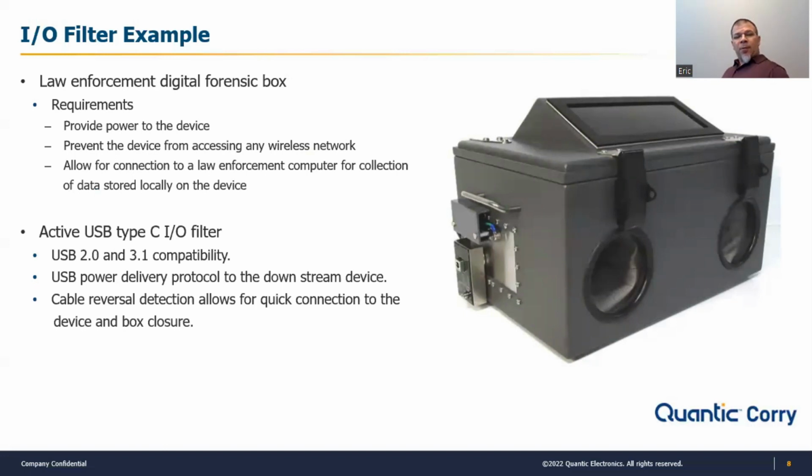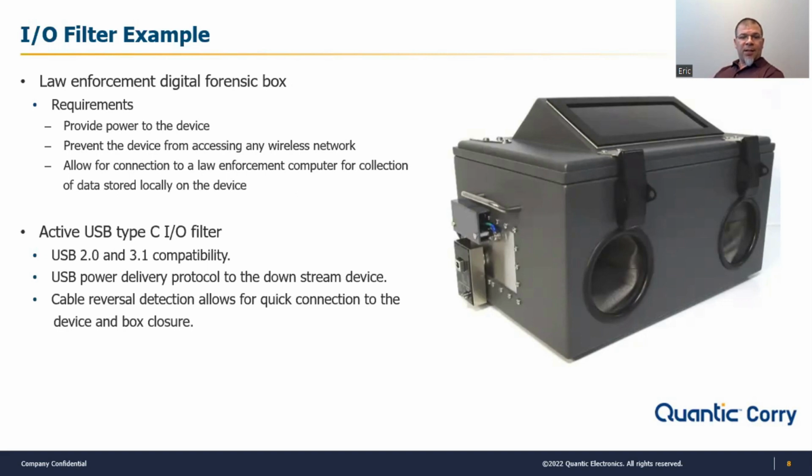In this particular example, law enforcement needs to provide power to the device to keep it from going to its lock screen whenever it has to reboot, and it needs to prevent a suspect from accessing that critical piece of evidence. So they place it in the box, close the lid, and it's effectively cut off from all network communications.